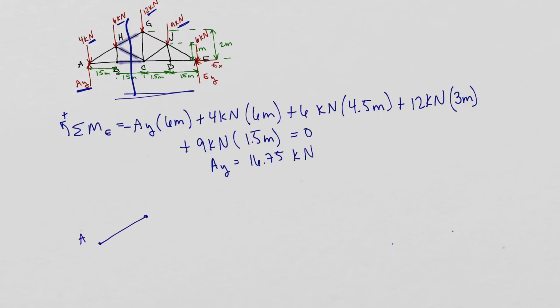So we have A, we have H, B, we have that force HG that's not known, HC, and BC. And then we have that AY that we just found, which is 16.75 kilonewtons.